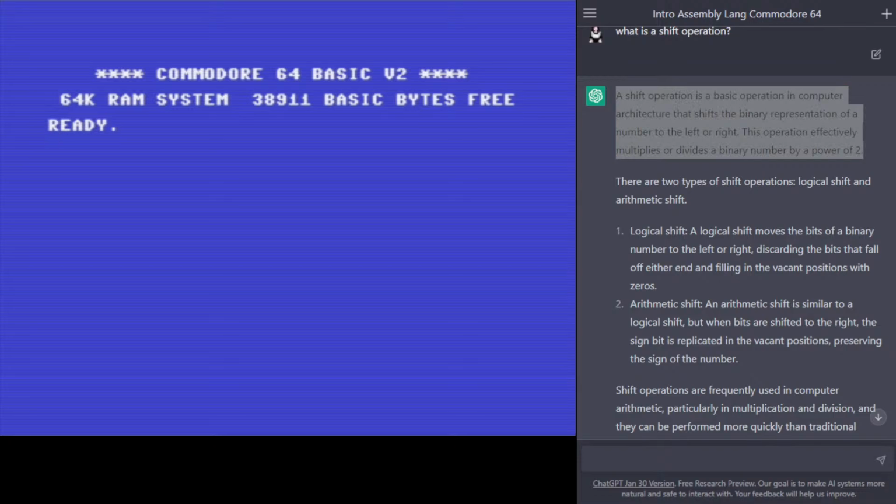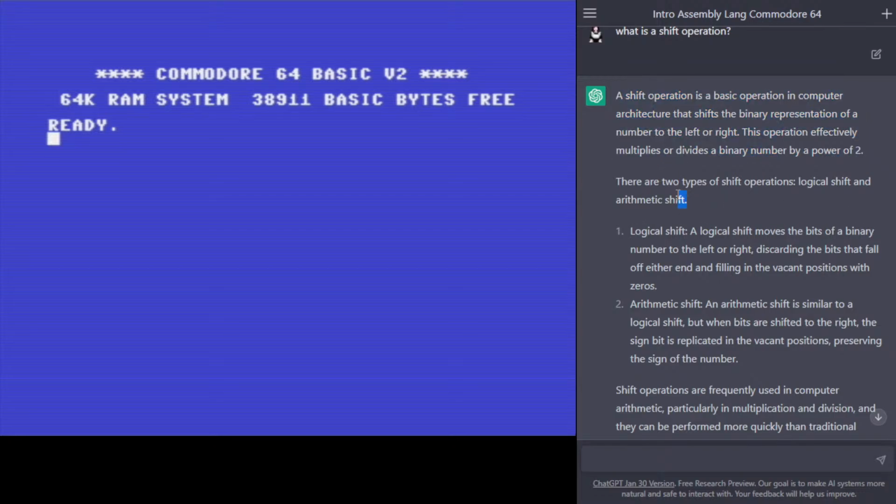A shift operation is a basic operation in computer architecture that shifts the binary representation of a number to the left or right. This operation effectively multiplies or divides a binary number by a power of 2. Yeah, okay. So basically what I said.